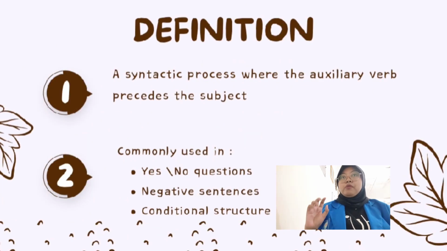Okay, so we move to definition. In definition, we have 2 points. Number 1, a syntactic process where the auxiliary verb precedes the subject. 2, commonly used in yes or no questions, negative sentences, and conditional structures.